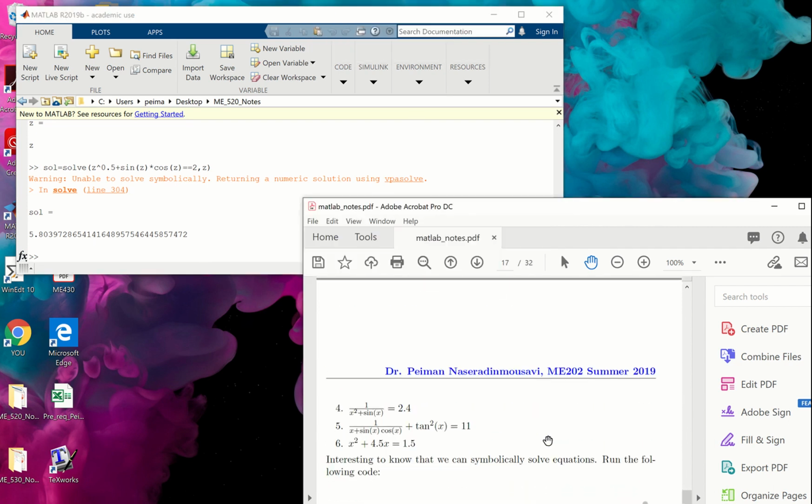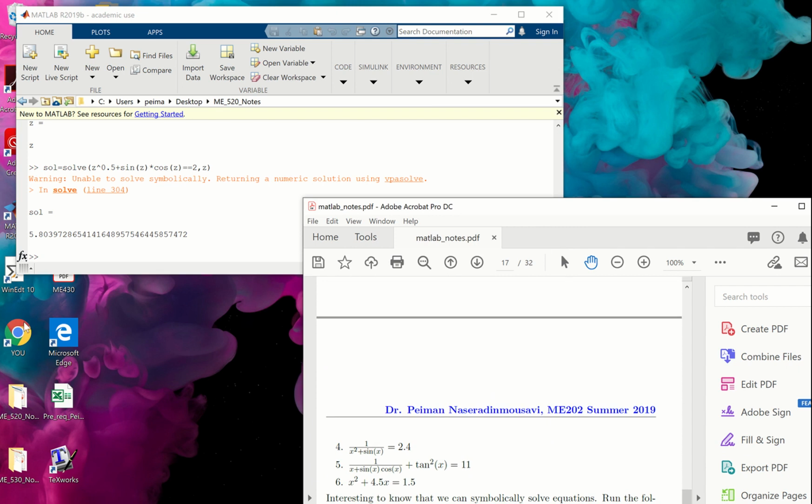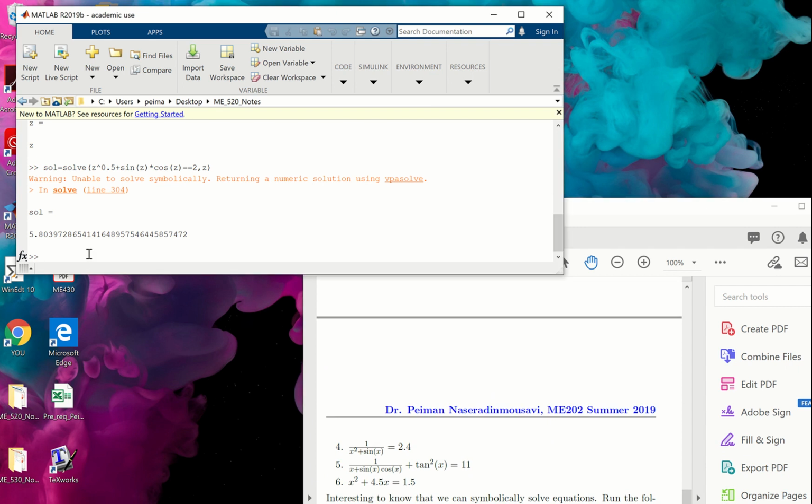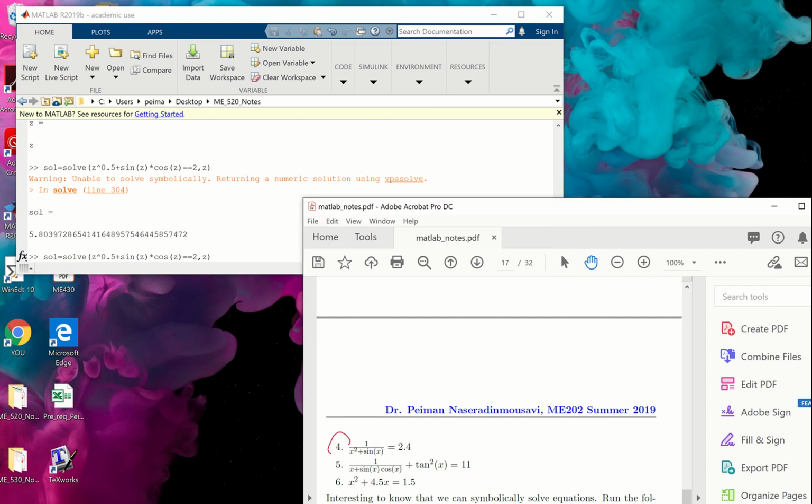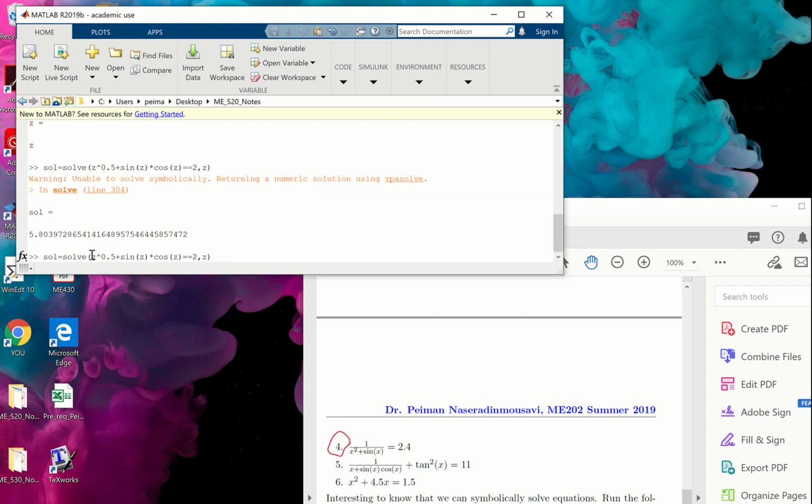So another, number 4. Let me stick to the z because I'm saving time. This is number 4 I'm solving for. Okay. So it's going to be 1 divided by z squared plus sine of z.